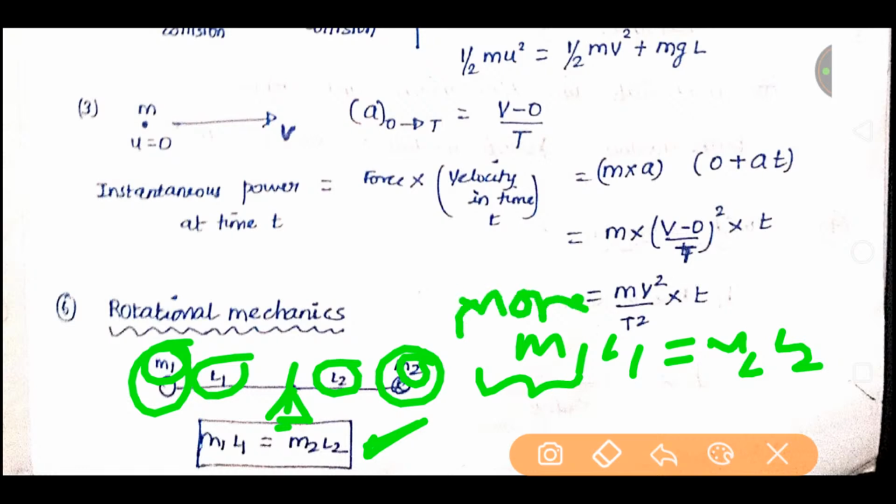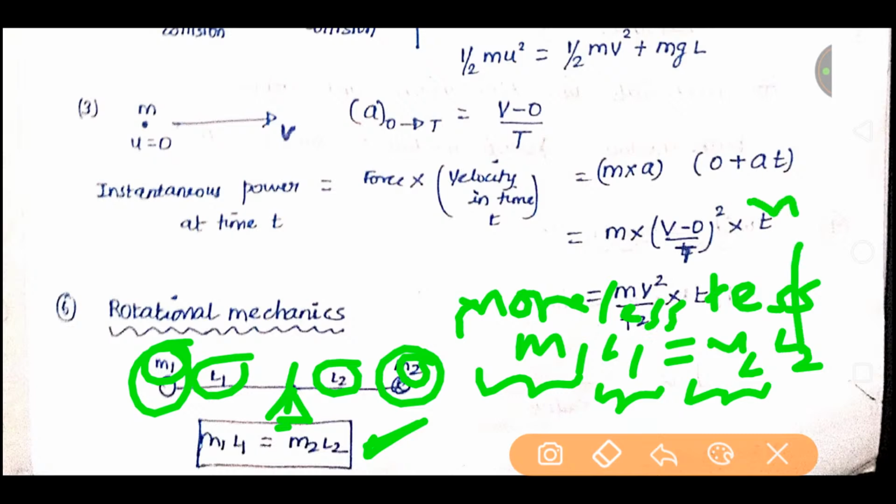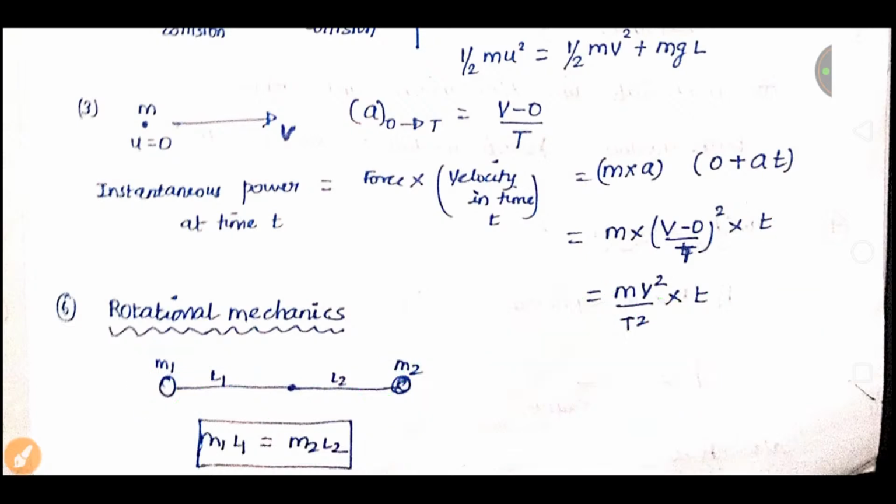If m1 is more and m2 is less, then l1 should be less, and l2 should be more. This is basic mathematical logic. m1 is more means l1 has to be less, m2 is less means l2 has to be more, then only equality is established. So that mathematics knowledge is applied here.